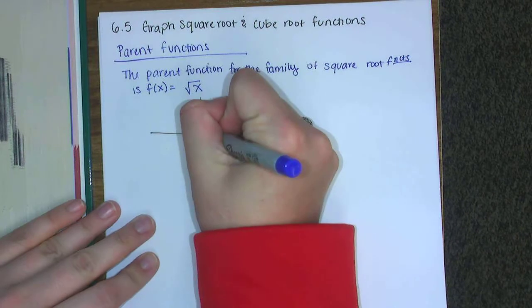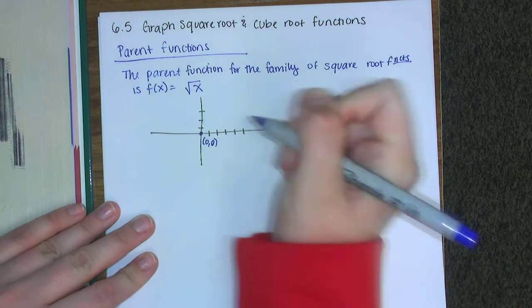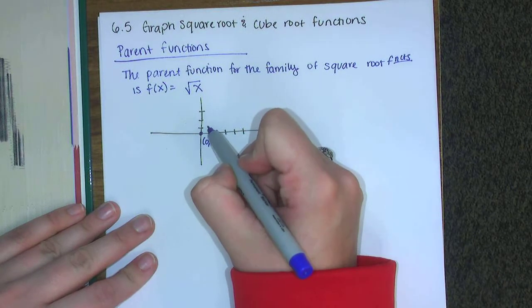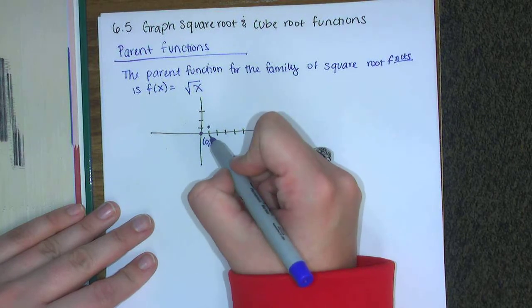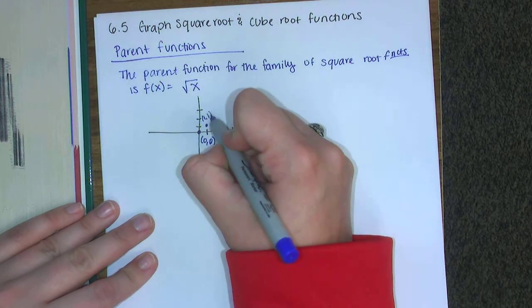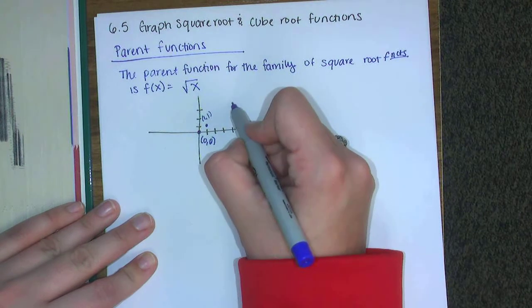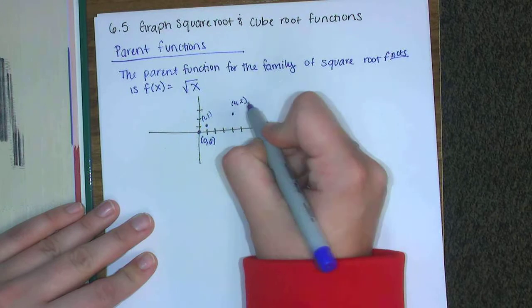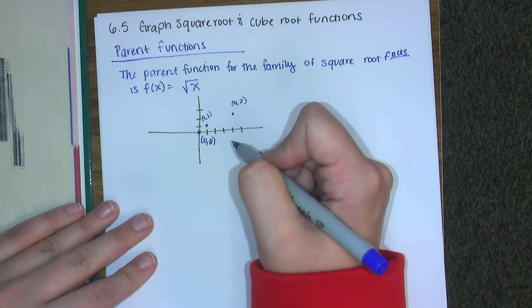So it starts at the origin always, because the square root of 0 is 0. Next point, the square root of 1 is 1, so that's 1, 1. The square root of 4 is 2, so this would be 4, 2. Just so you can get the feel for where this is going.